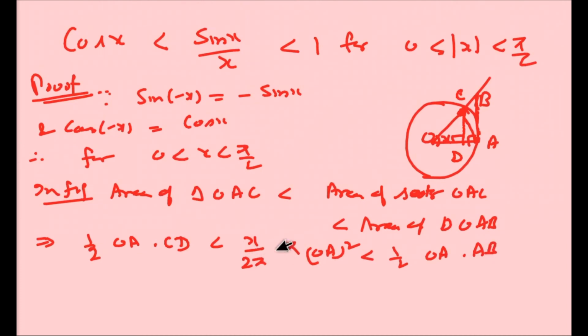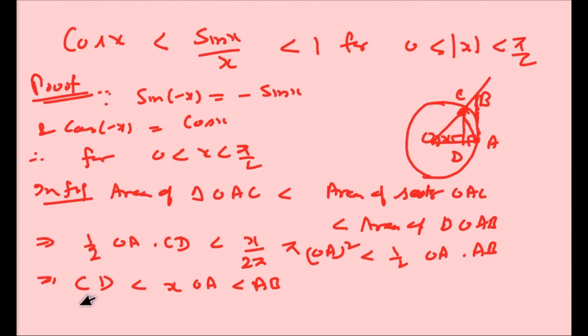If you know the formula of a sector, you can write it, and now cancel the common parts: half OA cancels, pi cancels, and we get CD less than x times OA less than AB. Cancel out the same values.